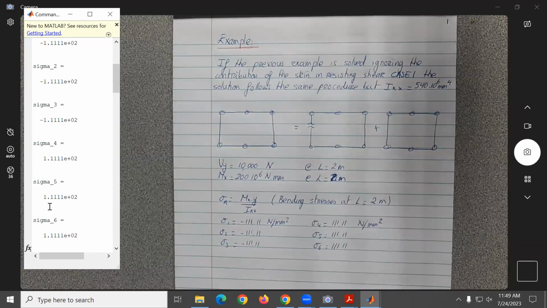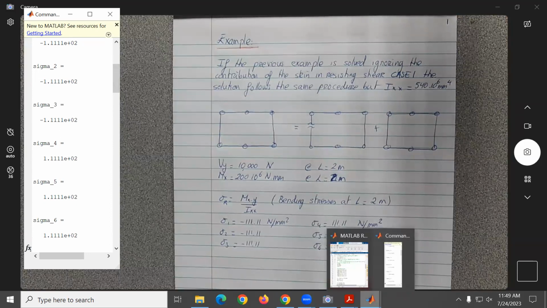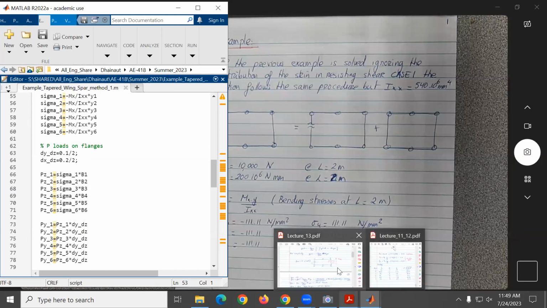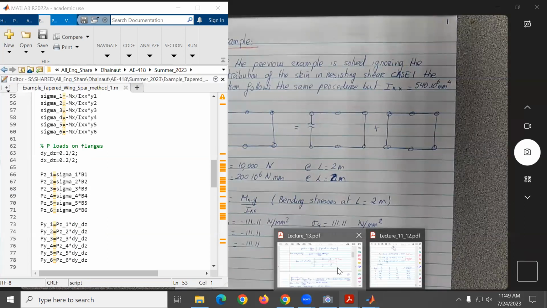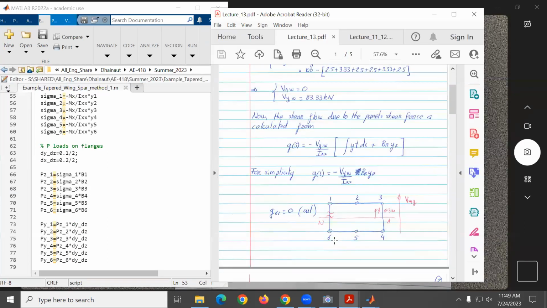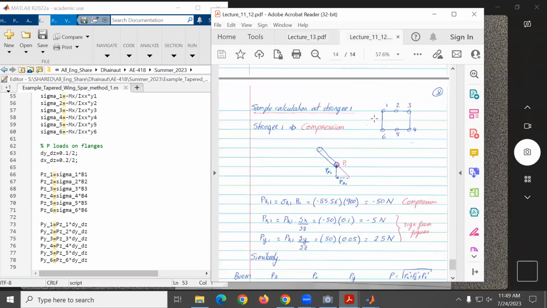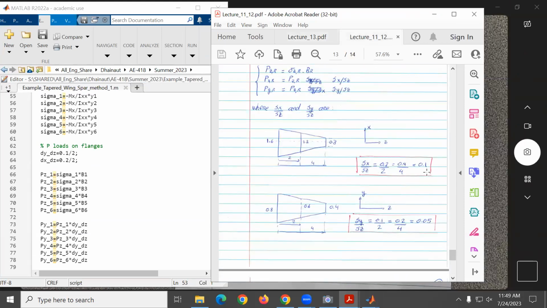Okay, so after this, I'm doing this so you can also copy the MATLAB code if you want, no? Okay, I'm showing on the screen for a reason, okay? So now you see what is the next step. We find here what is the taper ratio of dy over dz. So basically here what I'm doing is what we did in this lecture over here, or the previous one looks like, is what I did here on this lecture to find these values over here, no?